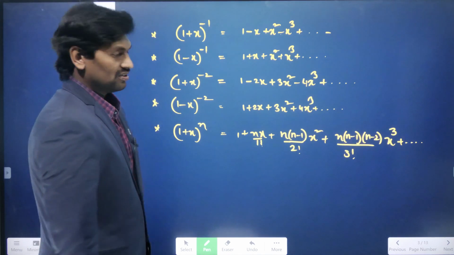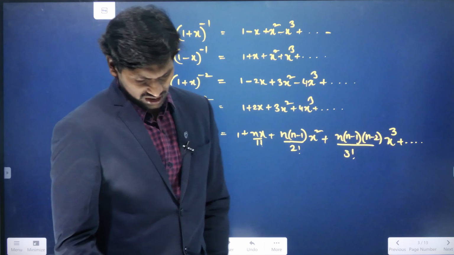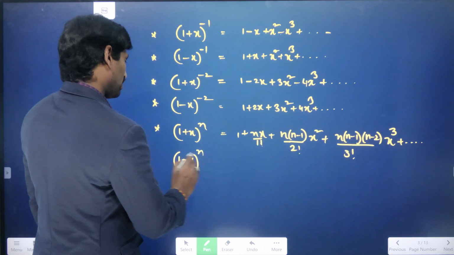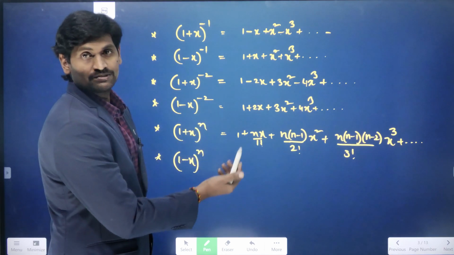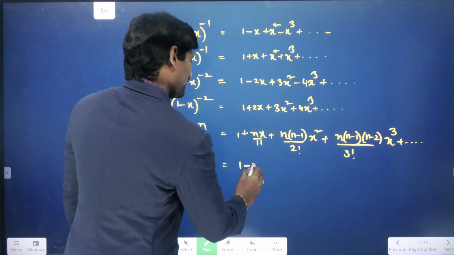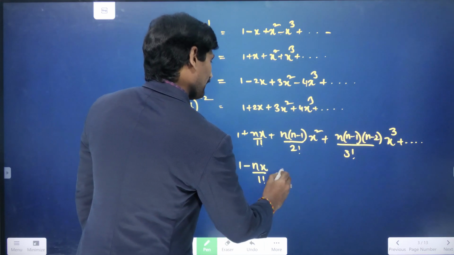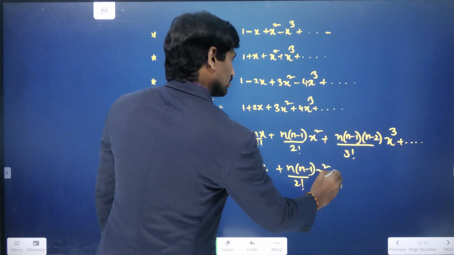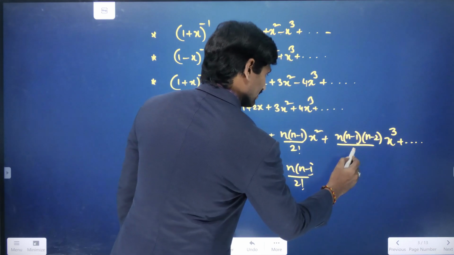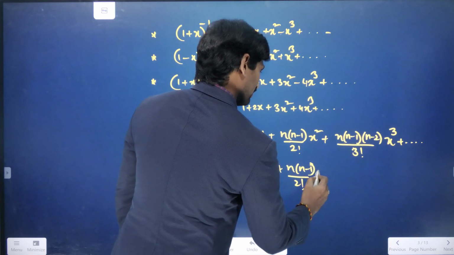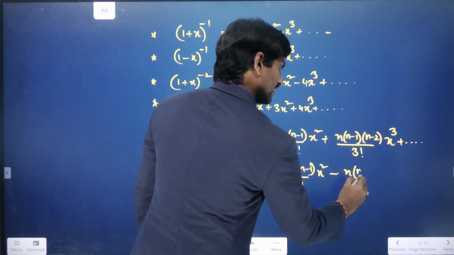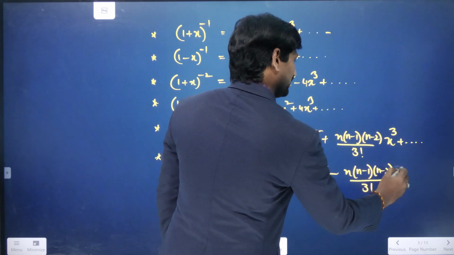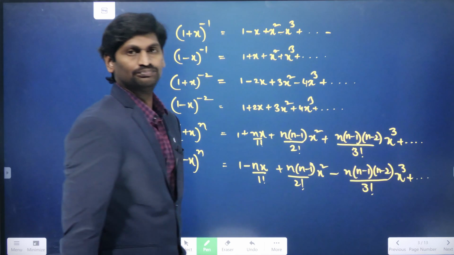By using this we can derive the general form also. In case we take 1 minus x whole to the power of n, by using this, plus minus alternate will come. So 1 minus nx by 1 factorial plus n into n minus 1 by 2 factorial into x square minus n into n minus 1 into n minus 2 by 3 factorial into x cube plus and so on.